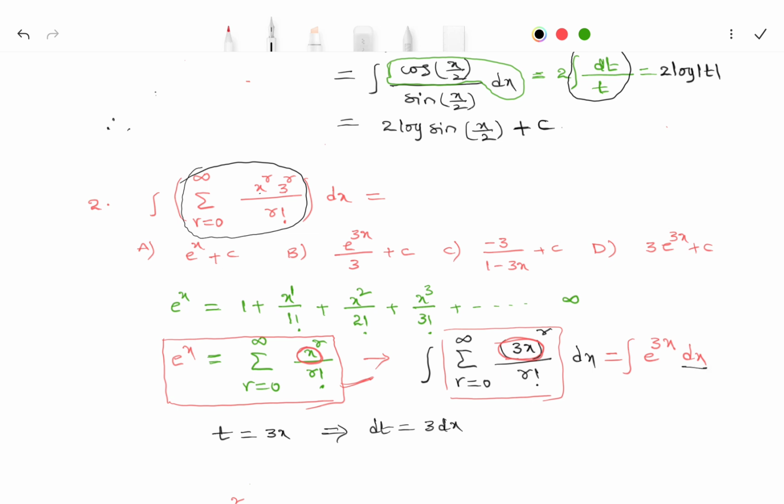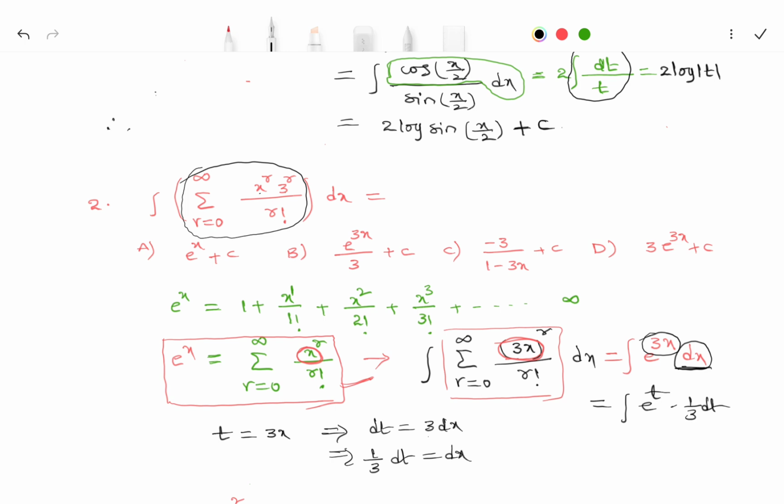So what will the dx value be? 1 by 3 into dt equals dx. So when we take 3x as t, dx is also written in terms of t. So finally this result will be the integration of e power t into 1 by 3 into dt.